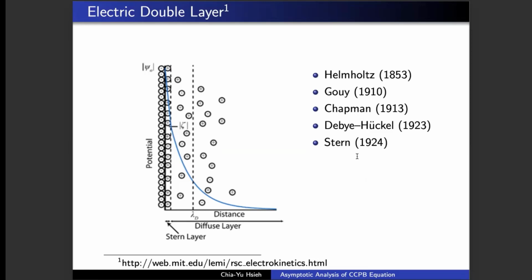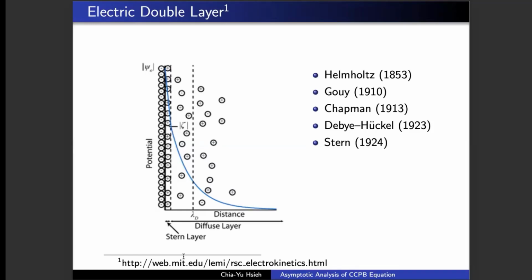And later, Stern further modified the Gouy-Chapman model. Indeed, Stern's model combined the Helmholtz model and the Gouy-Chapman model. That is, in his model, there will be a first layer where, as in the Helmholtz model, ions are absorbed firmly on the surface, and this layer is called the Stern layer nowadays.